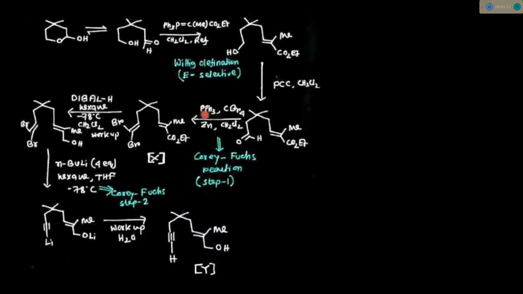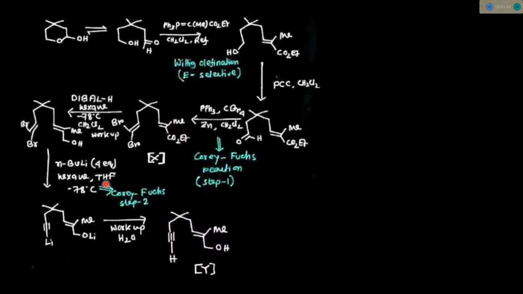If we use PPh3 and CBr4, then a dibromo alkene is formed. Then we treat this molecule with base, butyl lithium. These two steps overall are called the Corey-Fuchs reaction. We will see the mechanism after some time.